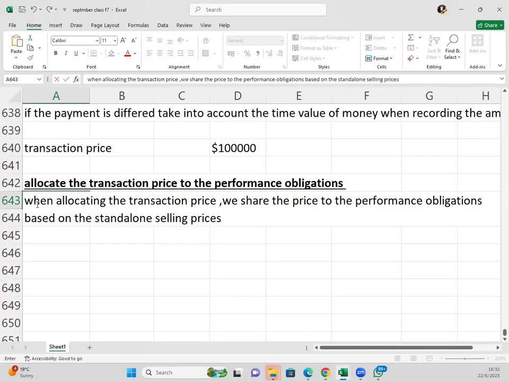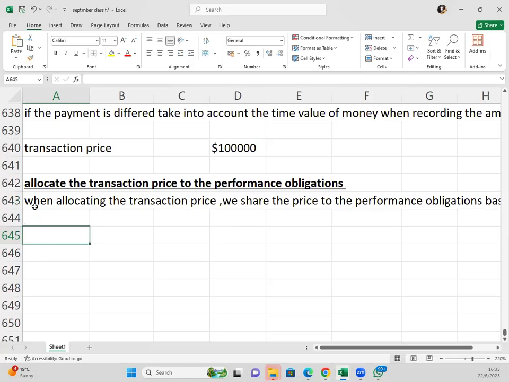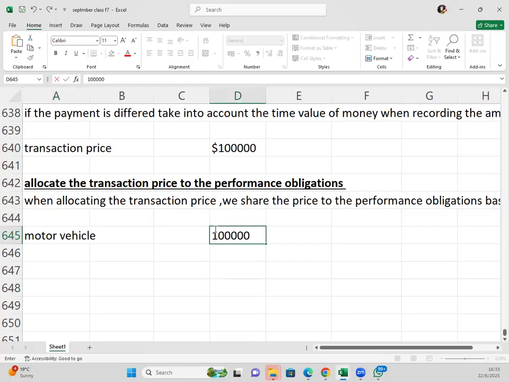So if we are selling the motor vehicle alone, let's assume the price is just 100,000. It could maybe be less.